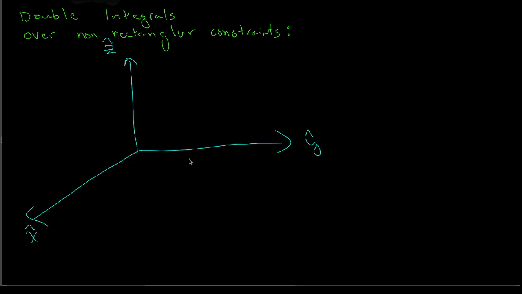And so if I'm looking at a bound, but the bound is not a rectangle. So we'll say in the xy plane, we have a series of constraints, and we're moving.